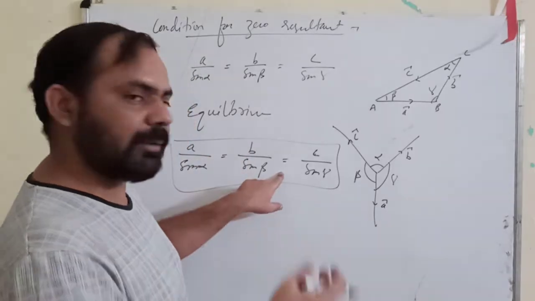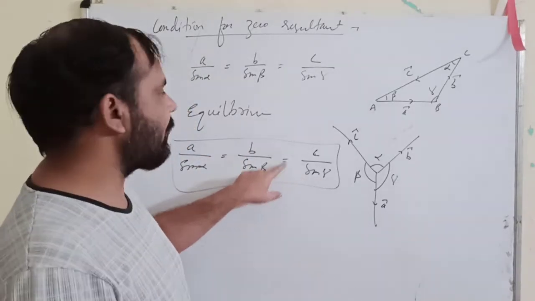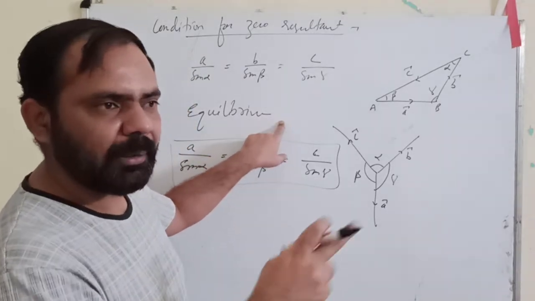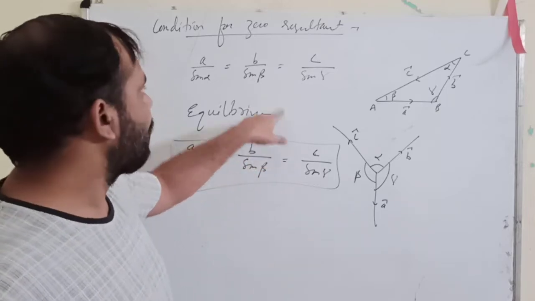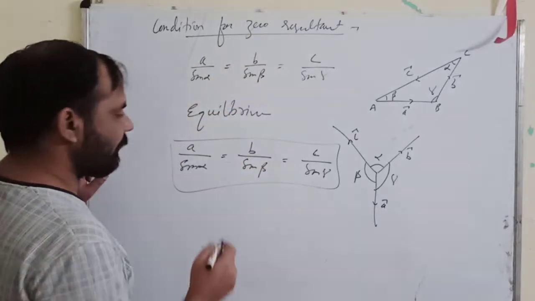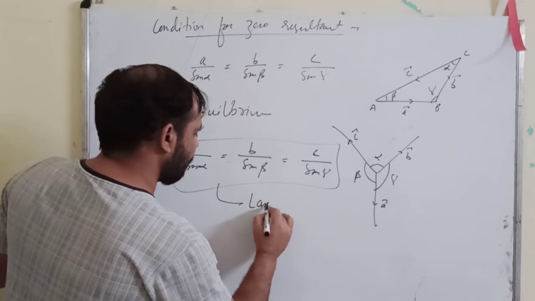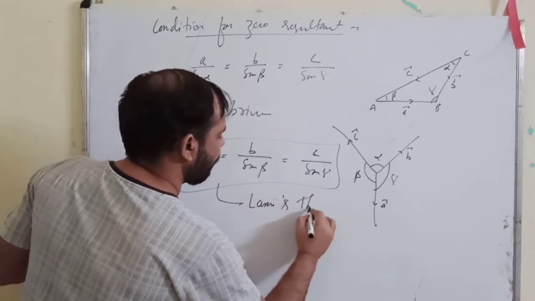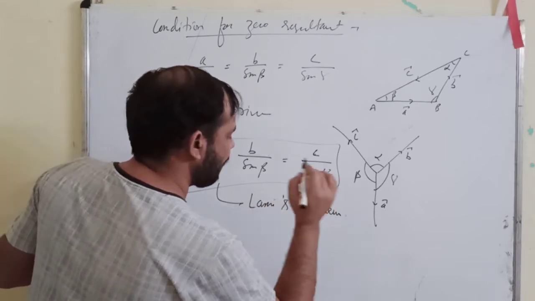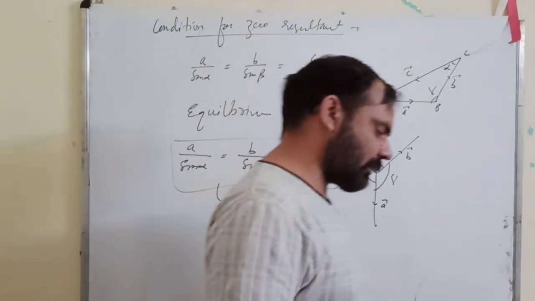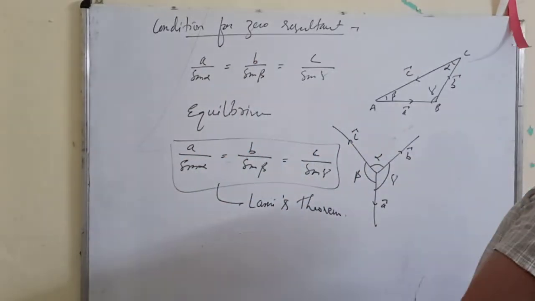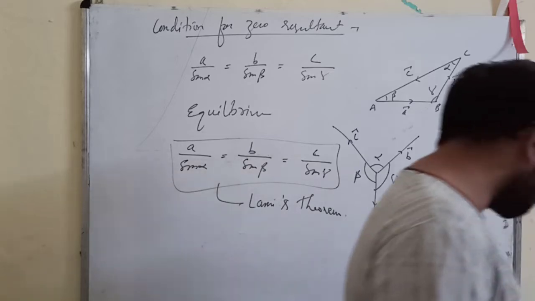If this condition holds true, then you can say that you have a situation of equilibrium, meaning the resultant will be zero. This is called Lami's theorem, one of the important theorems for solving numericals.